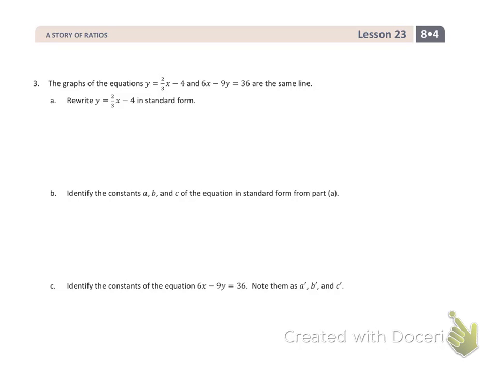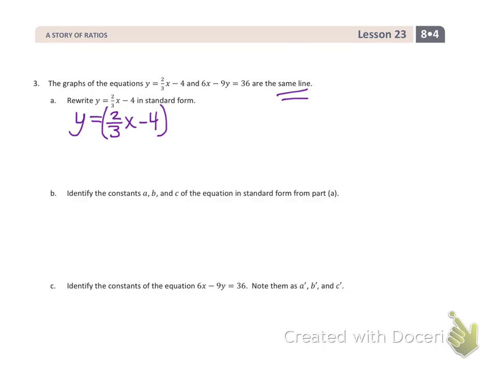So exercise 3 says that the graphs of these two equations, y equals 2/3 x minus 4 and 6x minus 9y equals 36, are the same line. So we're not asked to graph this one. They're just telling us they're going to graph as the same line. So we want to rewrite y equals 2/3 x minus 4 in standard form.